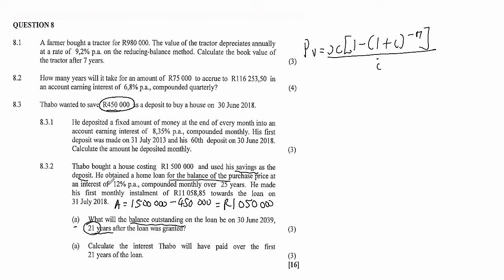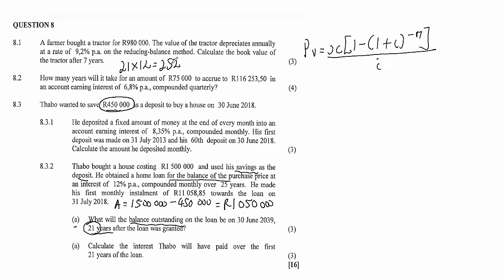So the 21 years means 21 years of payments have been made, right? So 21 years multiplied by 12, because remember, the payments are being made monthly. So obviously 21 times 12 is equal to 252.